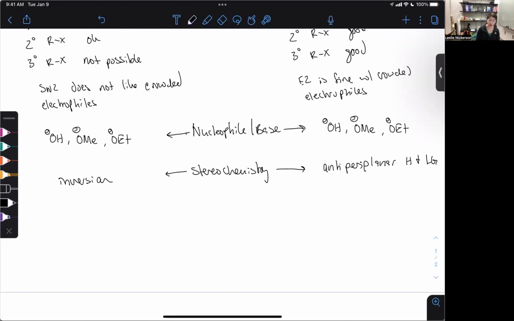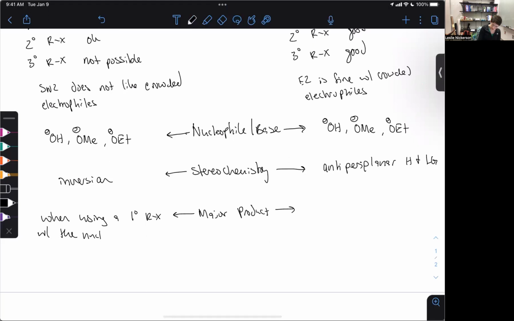So then if we look at major products, I just want to summarize what we've already discussed here. SN2 is going to be the major product when using a primary alkyl halide with the nucleophiles listed above.